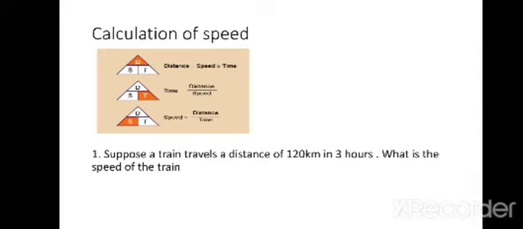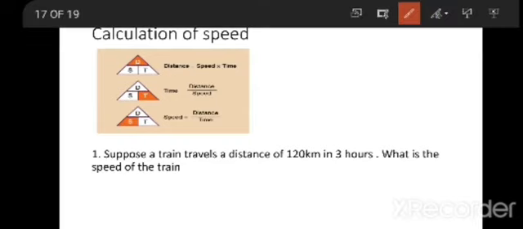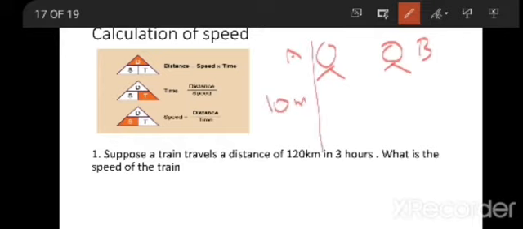For example, imagine there are two persons, person A and person B. They have to cover a 10 meters track.